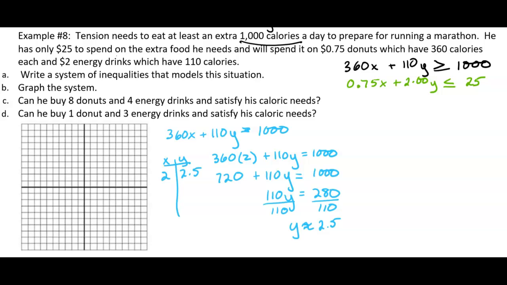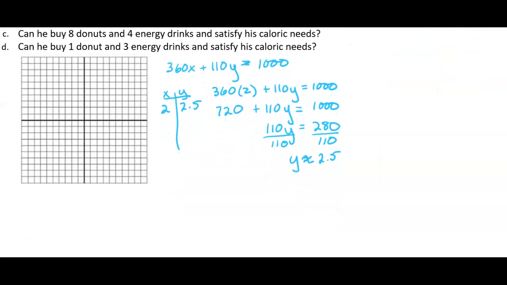Okay, now let's choose another value. I run out of room here. Let's say he has 3 donuts. So 360 times 3 plus 110y equaling 1,000.